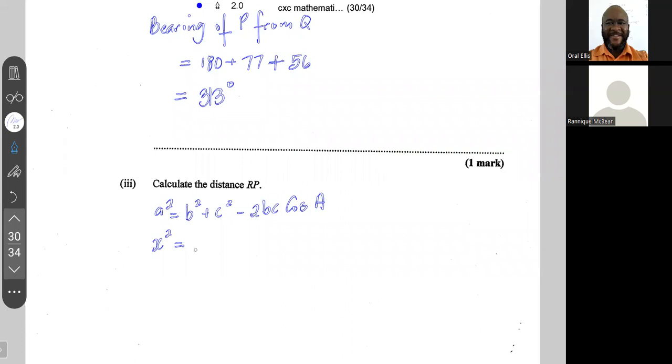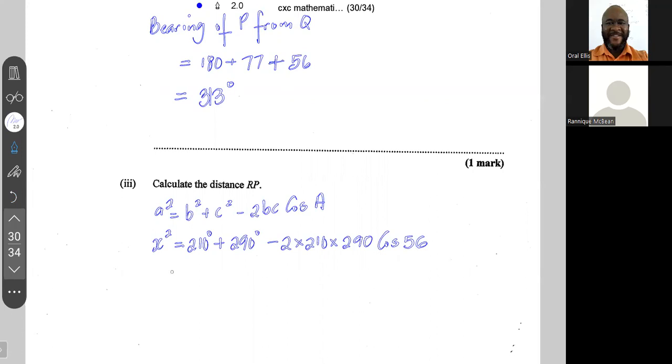B and C are the other two sides. So x squared is 210 squared plus 290 squared minus 2 times 210 times 290 times the cosine of the angle between them, which is 56 degrees.